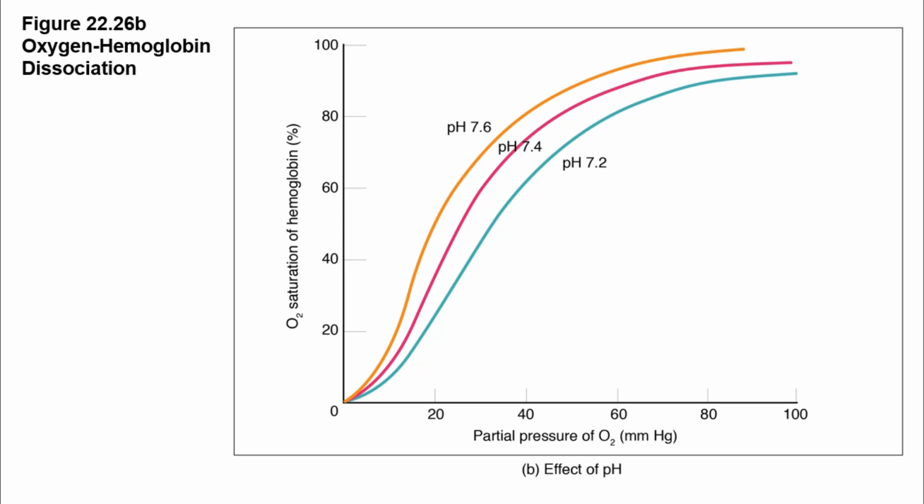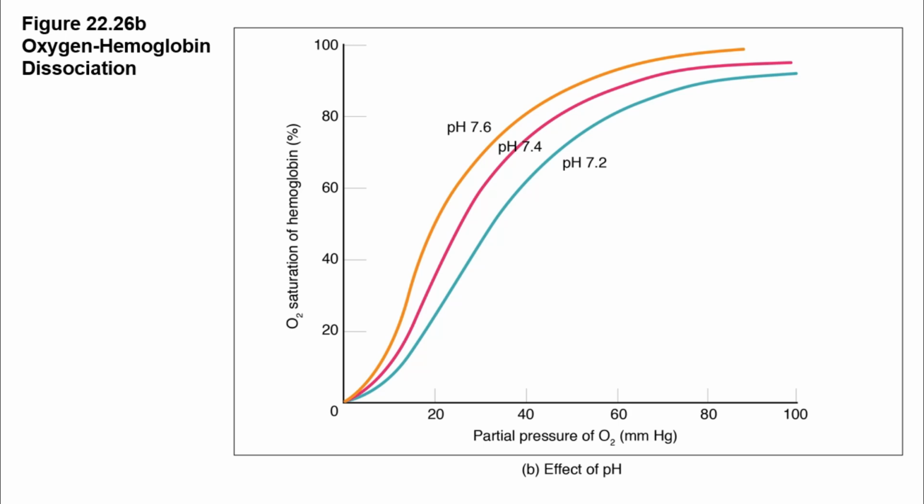The red oxygen hemoglobin saturation curve, which is the middle curve of the three, shows the curve at a typical blood pH of 7.4. The teal curve, which is the rightmost curve of the three, is representative of the curve at the tissues, where the pH is slightly lower at 7.2.